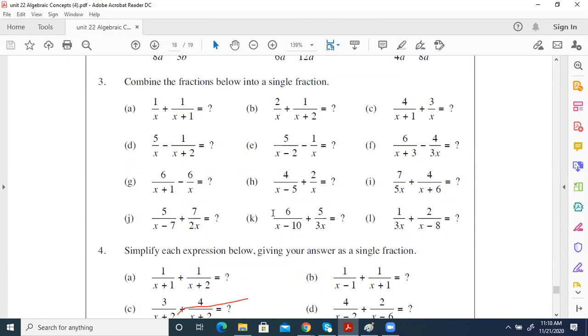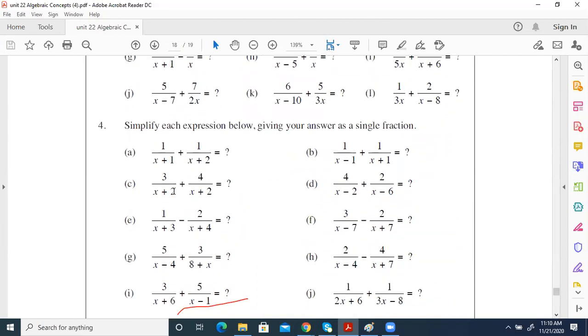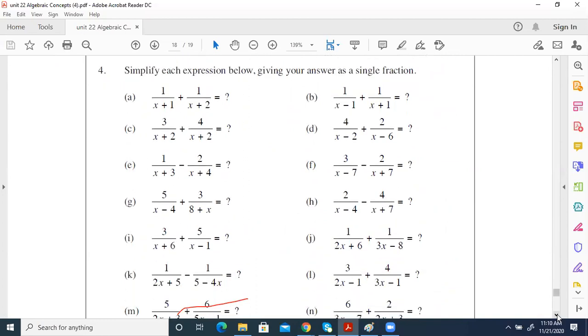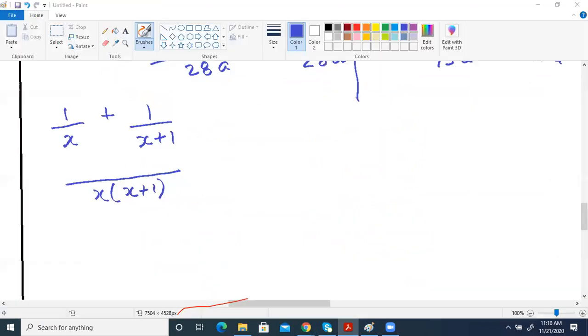And if you go even further down, you have x plus 2, x plus 2, x plus 3, x plus 4, and these are done in a similar way. It's just that if you have never seen it before, you may get flustered, right? So let us attempt this one first to show you that it's the same concept.